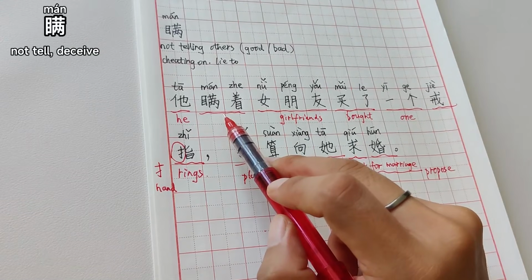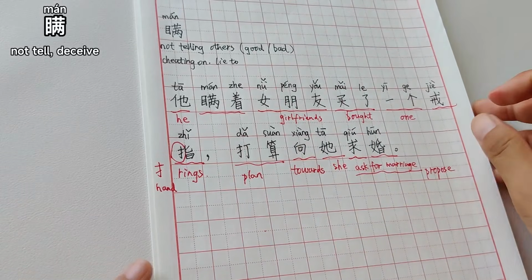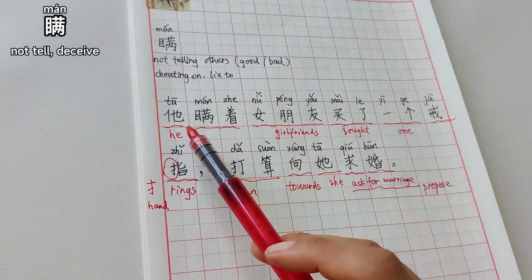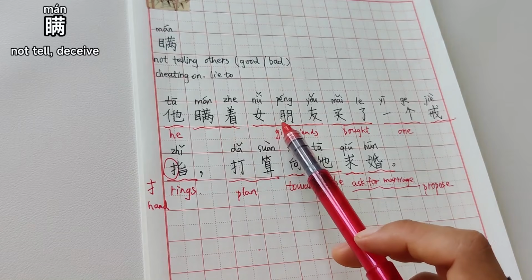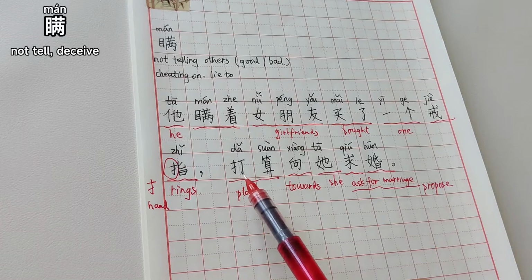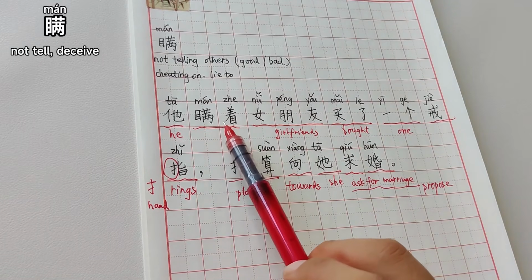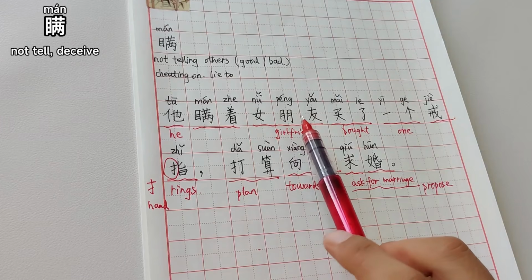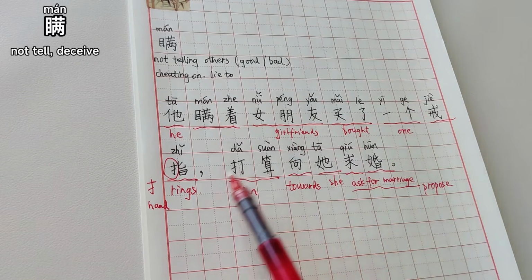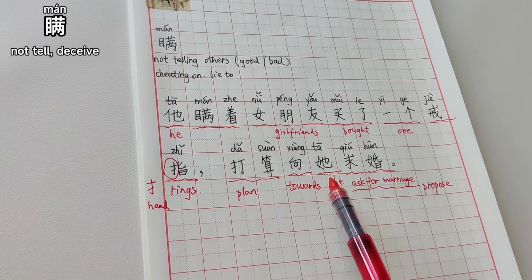So it seems like the 瞒 comes with a good meaning in this story, right? So together, 他瞒着女朋友买了一个戒指，打算向她求婚。So he's not telling his girlfriend, and he bought a ring, planning to propose to her.